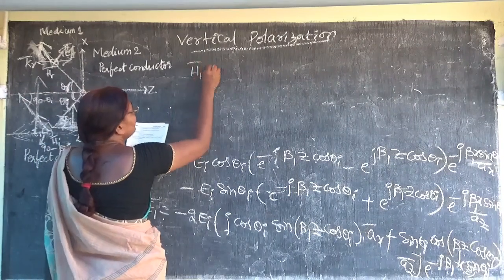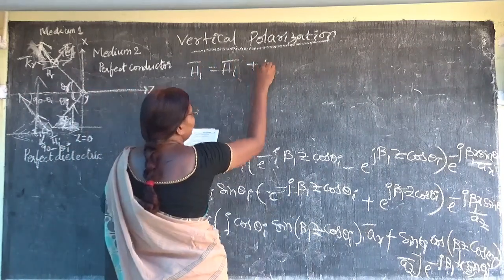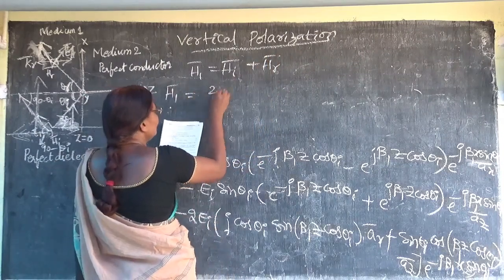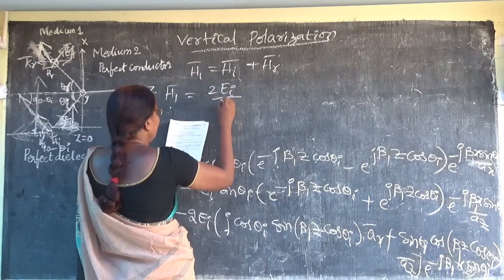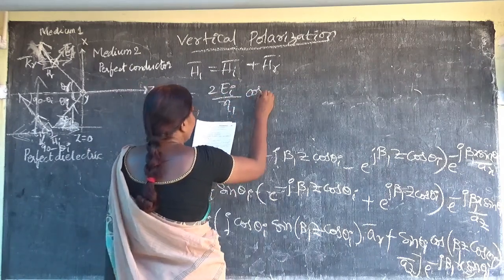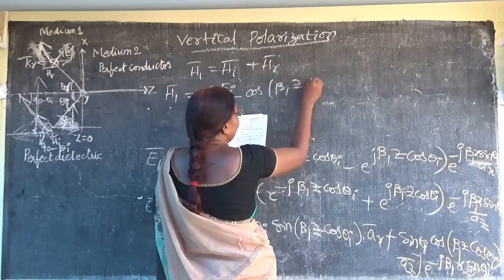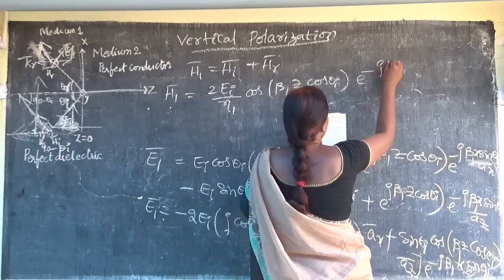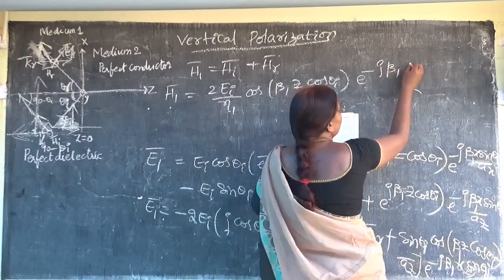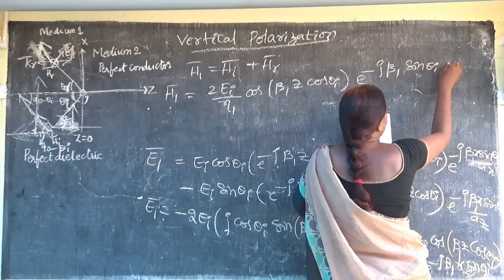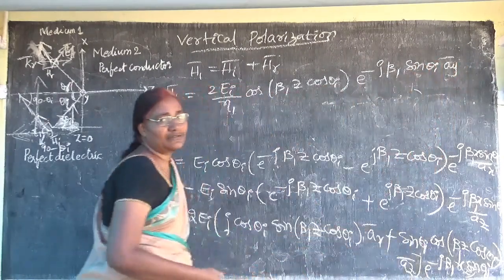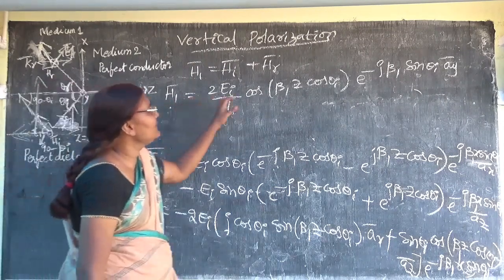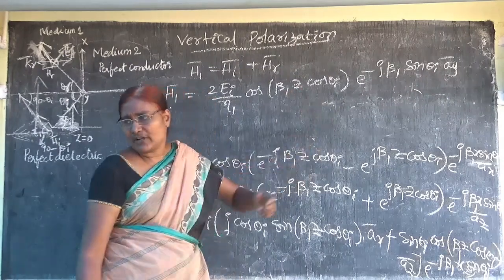H1 bar is equal to HI bar plus HR bar. So H1 bar is equal to 2 eta I by eta 1 cos of beta 1 z cos theta I into e to the power of minus j beta 1 x sin theta I a y bar. It's a little simpler. What I can observe here is that this magnetic field also has the standing wave pattern.